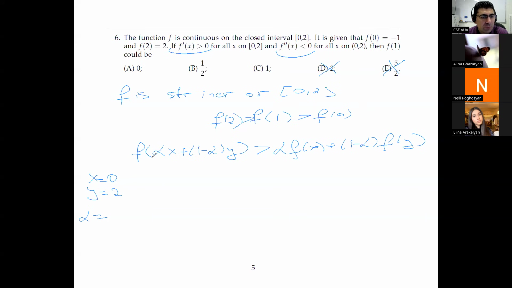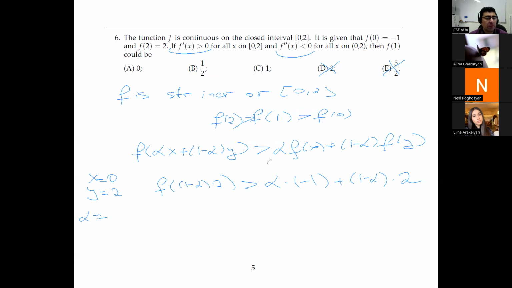If we do so, we'll get f(alpha times 0 plus (1 minus alpha) times 2) is strictly greater than alpha times f(0), and f(0) is -1, plus (1 minus alpha) times 2.